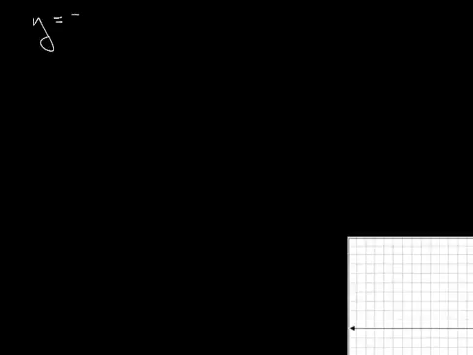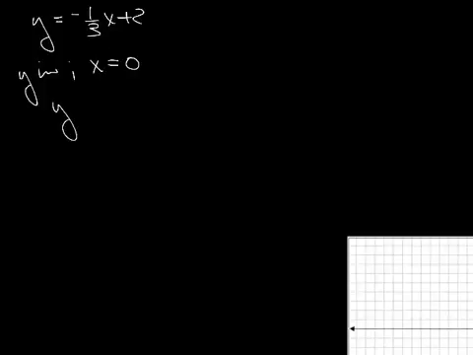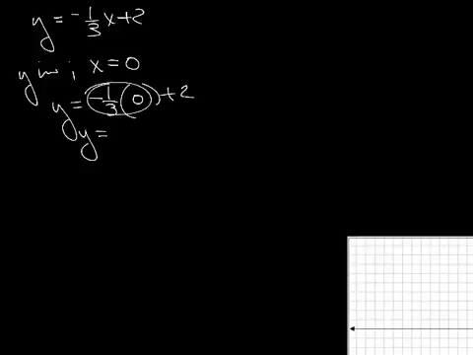y equals negative 1/3 x plus 2. Let's find the y-intercept by making x equal to 0, and I just keep writing that just so that you can slowly start remembering which one is going to be 0. So this gives me 0, so y equals 2.